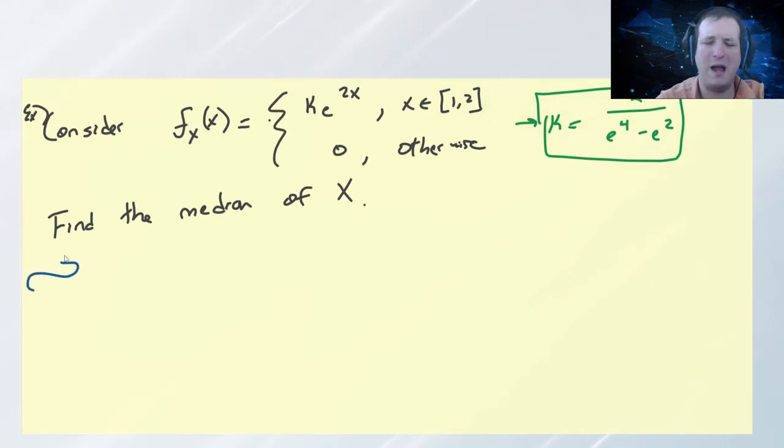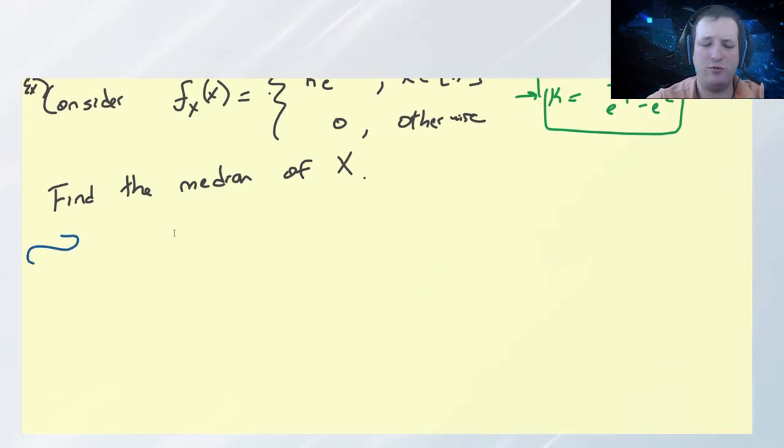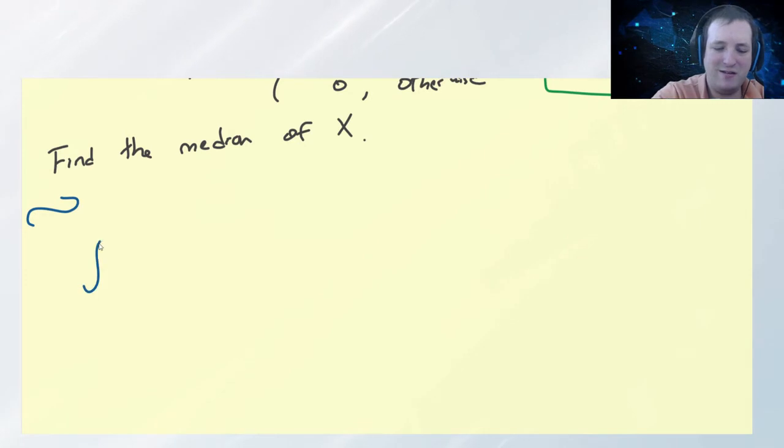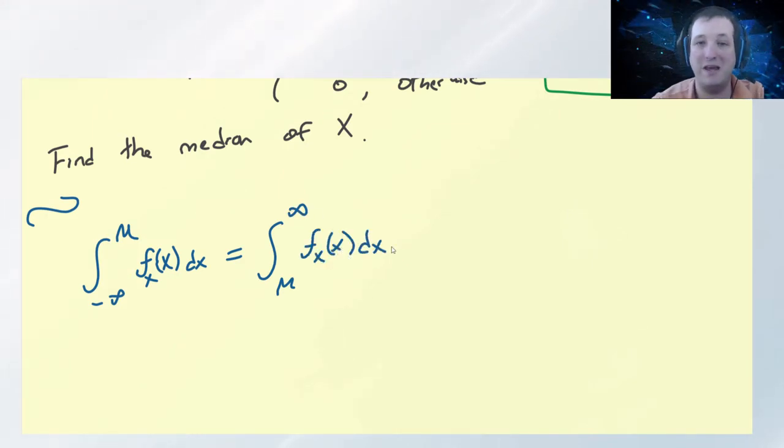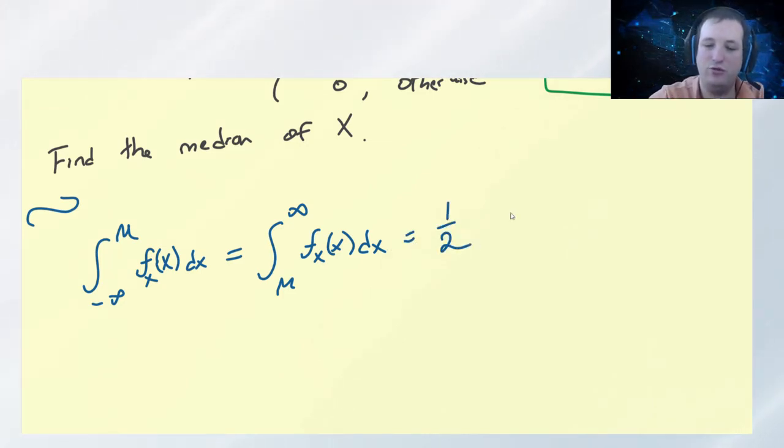So what do we mean by a median of a continuous random variable? That means the integral from minus infinity to some number m of this function f of x dx must be equal to the integral from m to infinity of f of x dx. And remember, median represents the middle, so half of the data is to the left and half of the data is to the right. So this must be equal to 1/2.